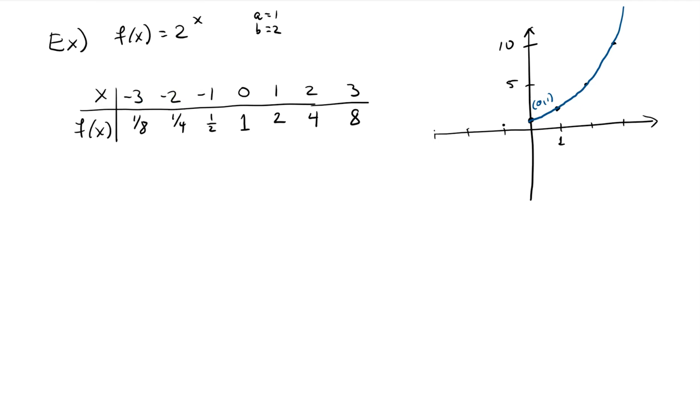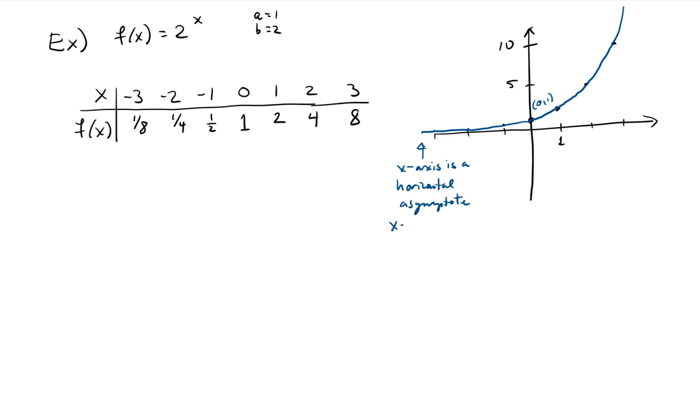Okay, so it gets really, really close eventually to the x-axis. So we're going to say here the x-axis is what we call a horizontal asymptote. An asymptote is a line that gets closer and closer to your curve, or vice versa. The curve gets closer and closer to your line. It is a horizontal asymptote.